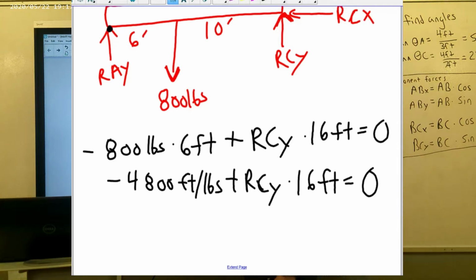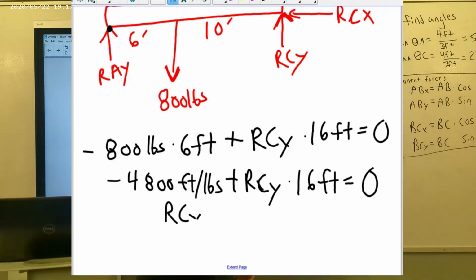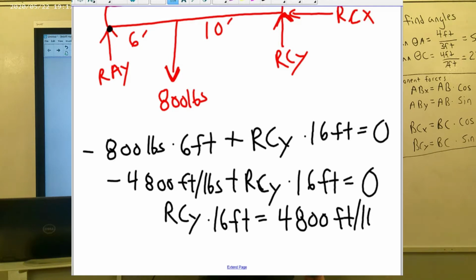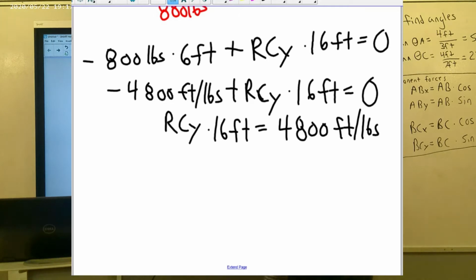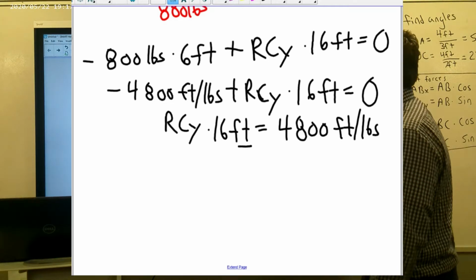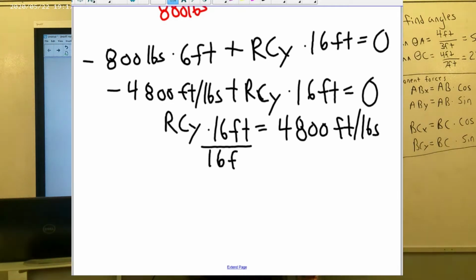So I think my next step would be, we'll go ahead and add 4,800 foot-pounds to each side of my equation. So we end up with reaction force Cy times 16 feet equals 4,800 foot-pounds. Now, to get reaction force Cy by itself, I'm going to divide both sides by 16 feet.